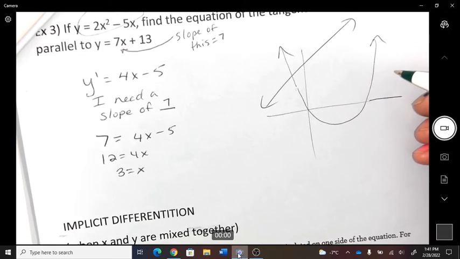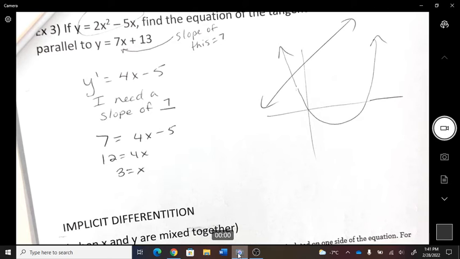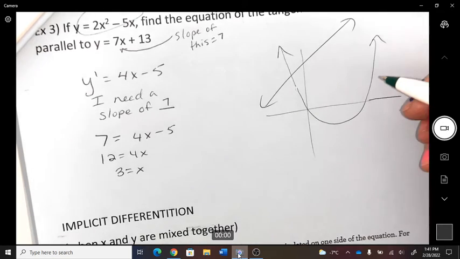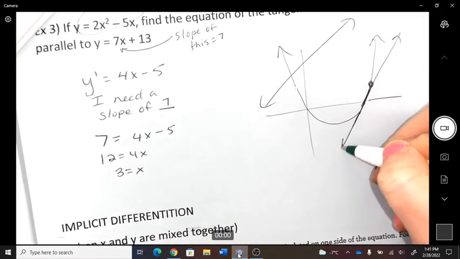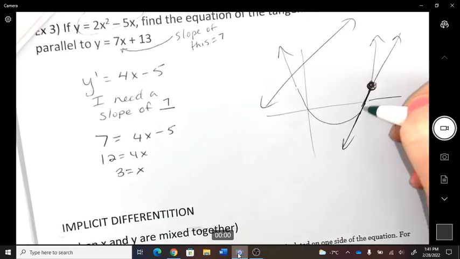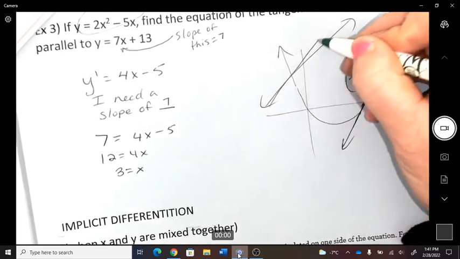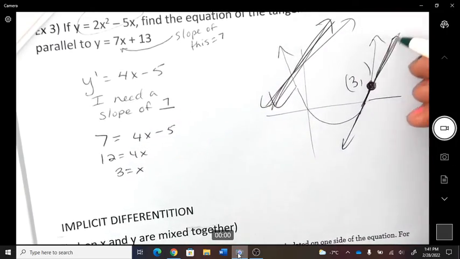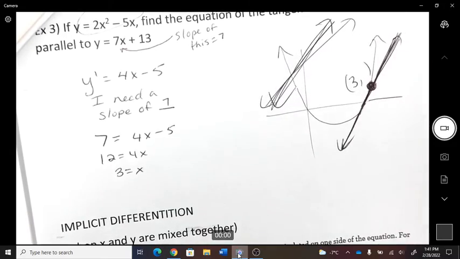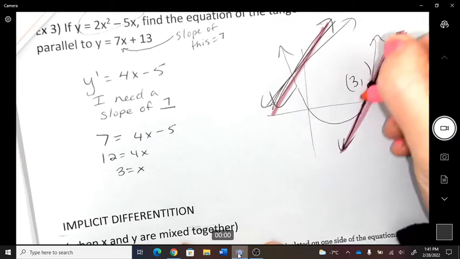Okay, so when x is 3, I have a slope of 7. Didn't really draw this realistically, but all right. So now this other line and my tangent line are going to be parallel.